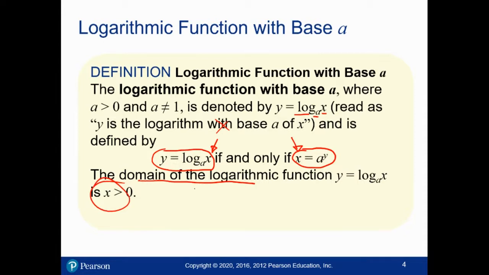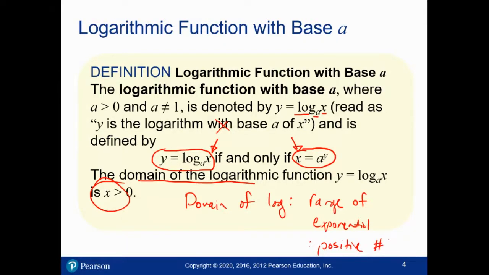So the domain of any log function is the range of the corresponding exponential, which is positive numbers. Now, what else did we discuss a couple sections ago where the domain of something becomes the range of something else and vice versa? Inverse functions. That's what this is. It's the inverse function of an exponential.